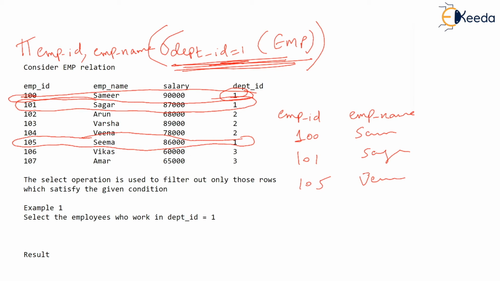But then what project did is that it took the cut among the columns. Instead of displaying all the 4 columns, it has displayed only the first 2 columns from the result. So that is the project operation. Project operation can be combined along with select operation, because select operation selects the entire row with all the columns. Project can really project only those things which we want to see.